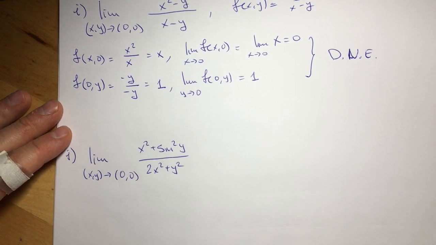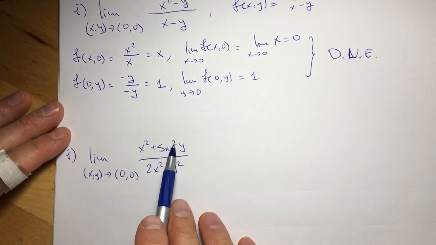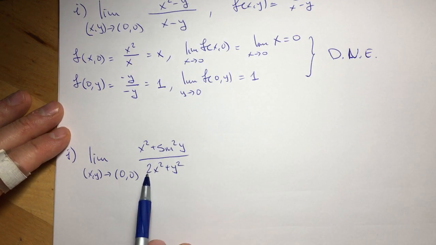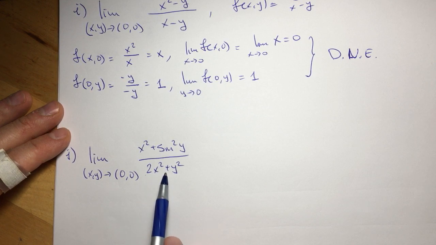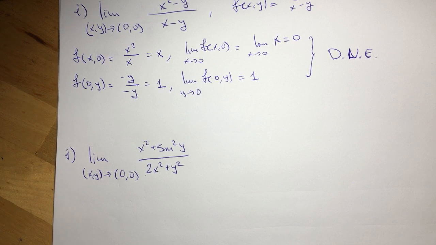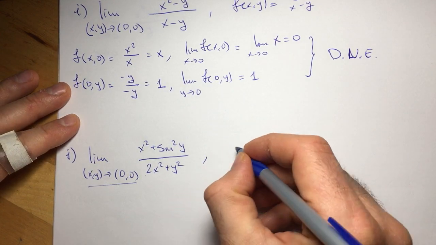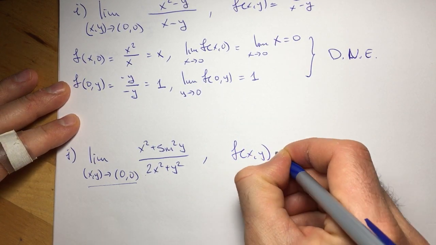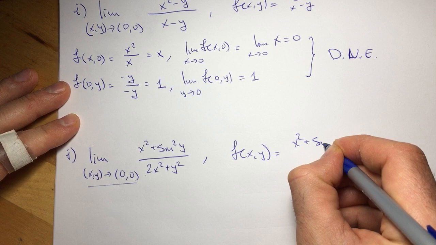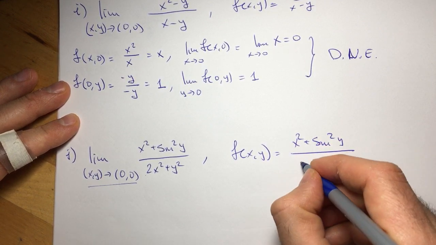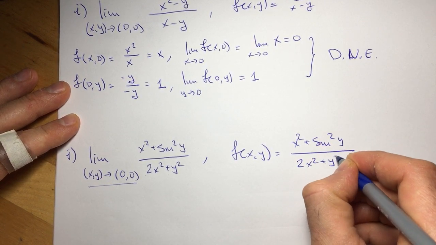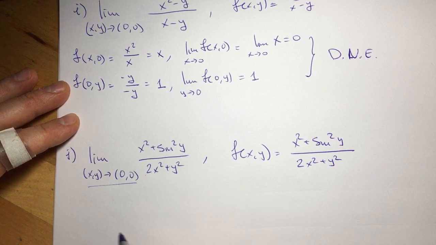Okay, the next example, x squared plus sine squared y over 2x squared plus y squared. Again, let's start with the easiest. We're approaching the origin, so I can approach along the x-axis and along the y-axis, because those are the easiest ones to evaluate.